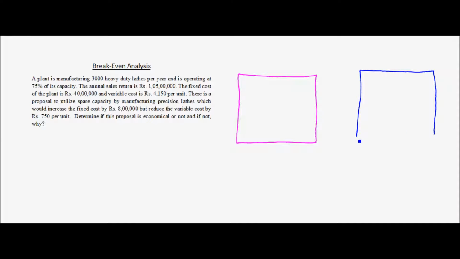So let's understand this problem in more detail. Let's say this box here represents the current scenario. And this box here represents the proposed scenario.